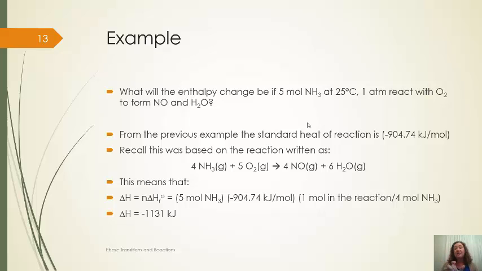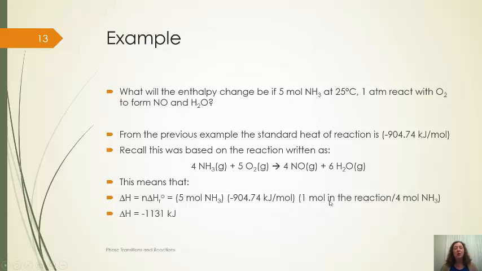So, to figure out the actual enthalpy change, I have 5 moles of NH3. This is written as negative 904.74 kilojoules per mole, but that's a reaction mole. I don't have a stoichiometric coefficient of 1 anywhere in here, so I like to use this as a conversion factor.